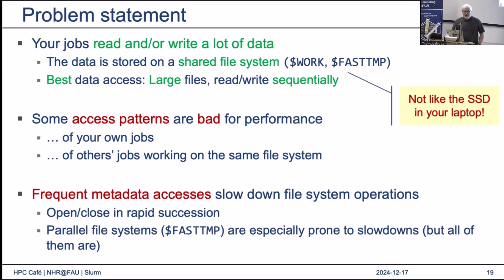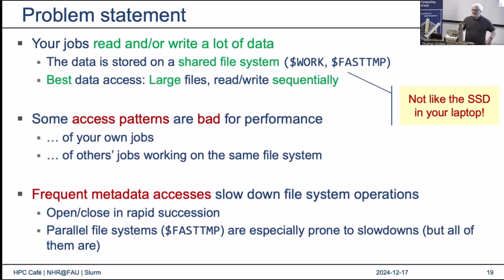So for example, the main thing is frequent metadata access. What are metadata access? Everything that pertains not to the data itself, but to the bookkeeping information that's kept in the file system, like modification times, for example. So whenever you open and close a file, that's a metadata action.